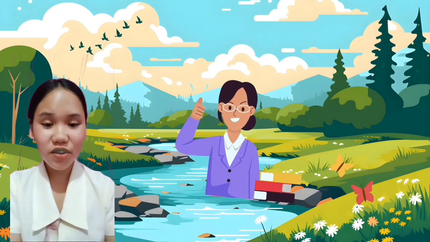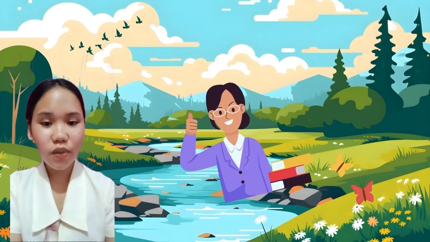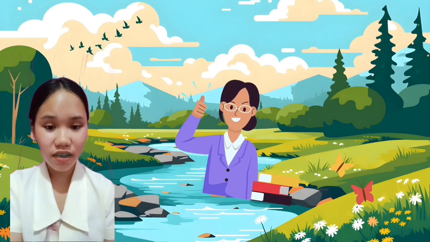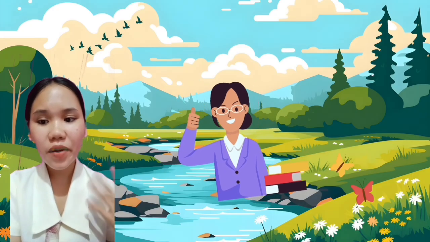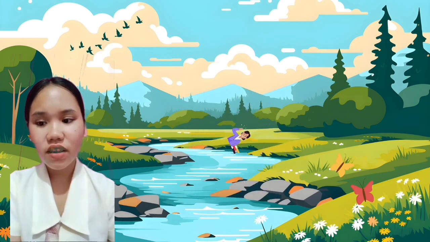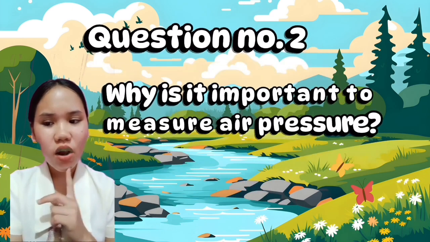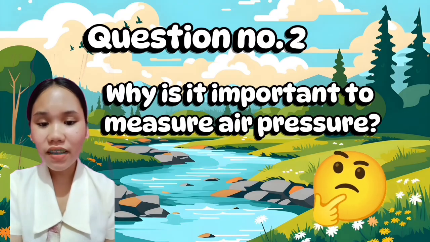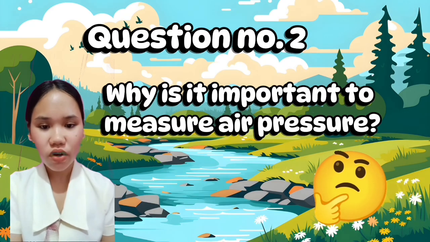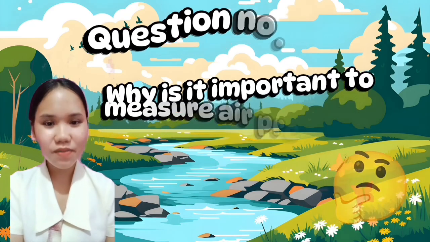So when today is rainy, the weather changes and it becomes sunny. That is weather change, or the air pressure change. The next one is why it is important to measure air pressure.